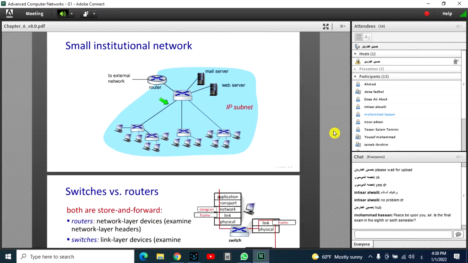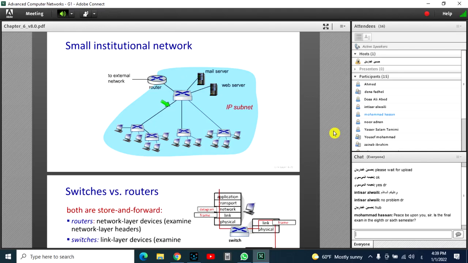So I have a university. This university has a core switch. This core switch is connected to server rooms, for example, to the mail server, web server, Golestan server, or something like that. Okay.